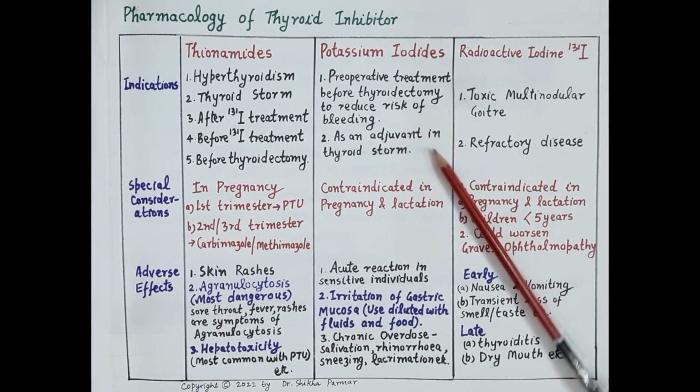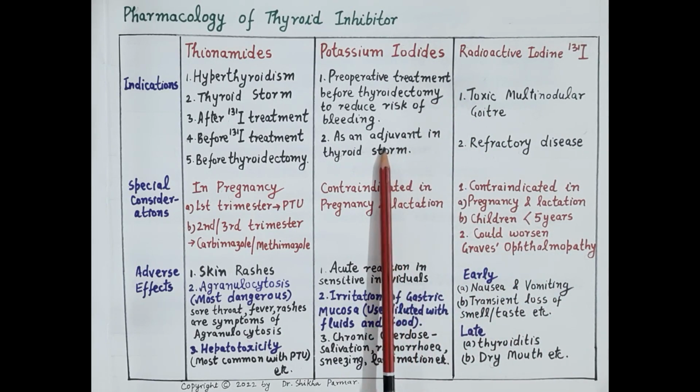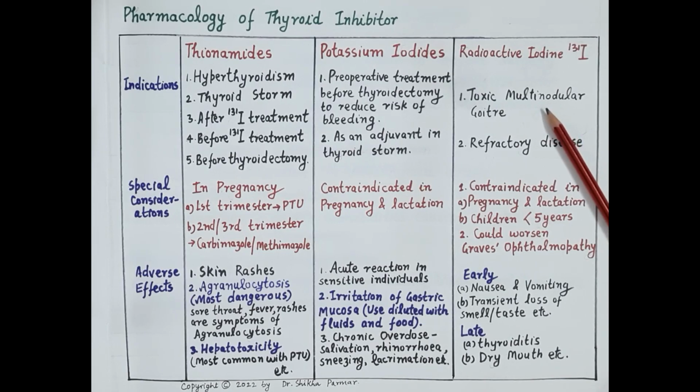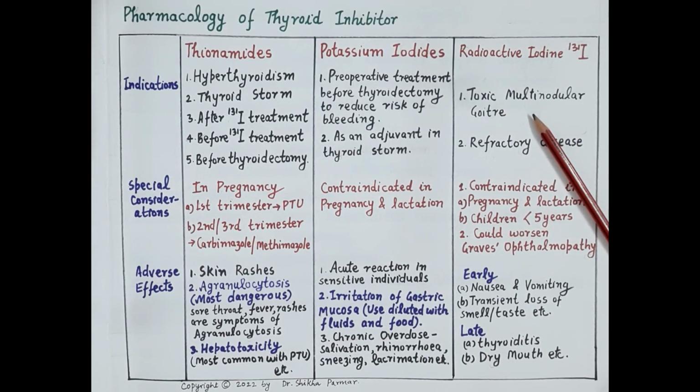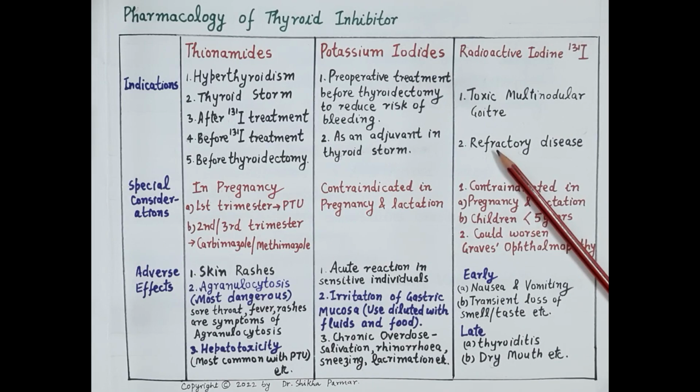And these drugs are also used as adjuvant or add-on therapy for the management of thyroid storm. Then radioactive iodine, iodine 131, is especially useful when hyperthyroidism is due to toxic multinodular goiter, and these are also used in refractory disease, that is hyperthyroidism not responding to other drugs.